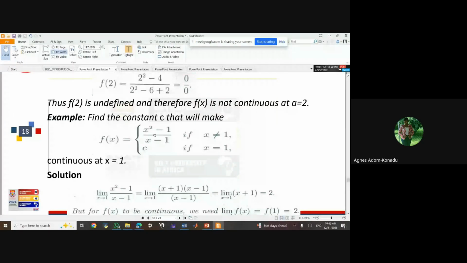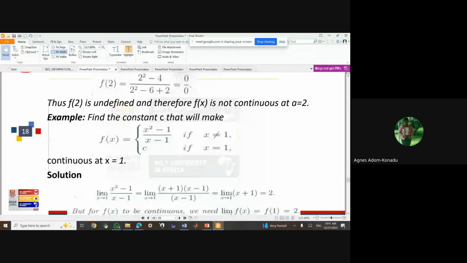Yes, madam. When x equals 1, I have 1 squared minus 1 over 1 minus 1, so it will be 0 over 0, which is undefined. But I want to look at the function where it will be defined at x equal to 1. The way to get that is to simplify this function.